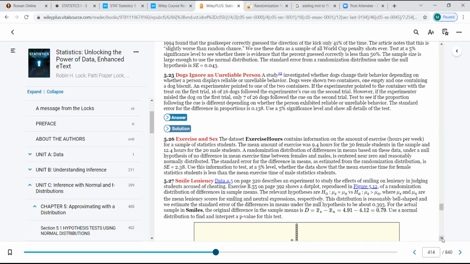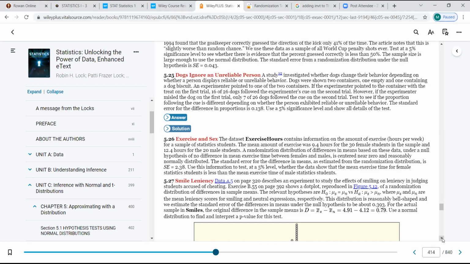So there's the group. The first group has to do with the experimenter pointing to the container with the treat on the first trial, and then on the second trial the dogs kind of learned something, right? They learned where the treat usually is. If you have a dog, you'd kind of know this, right? So 16 out of the 26 of them actually followed what the experimenter did on the first one.